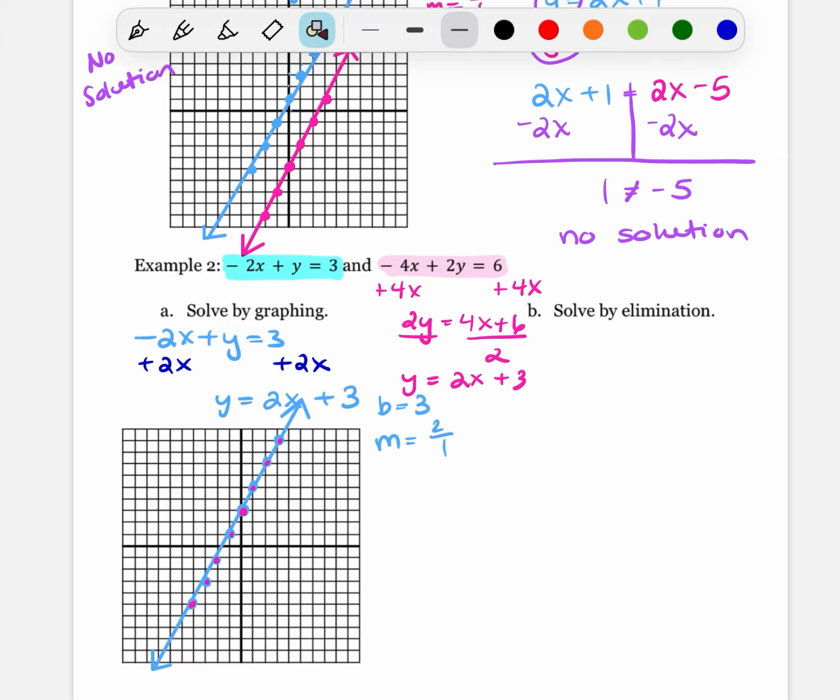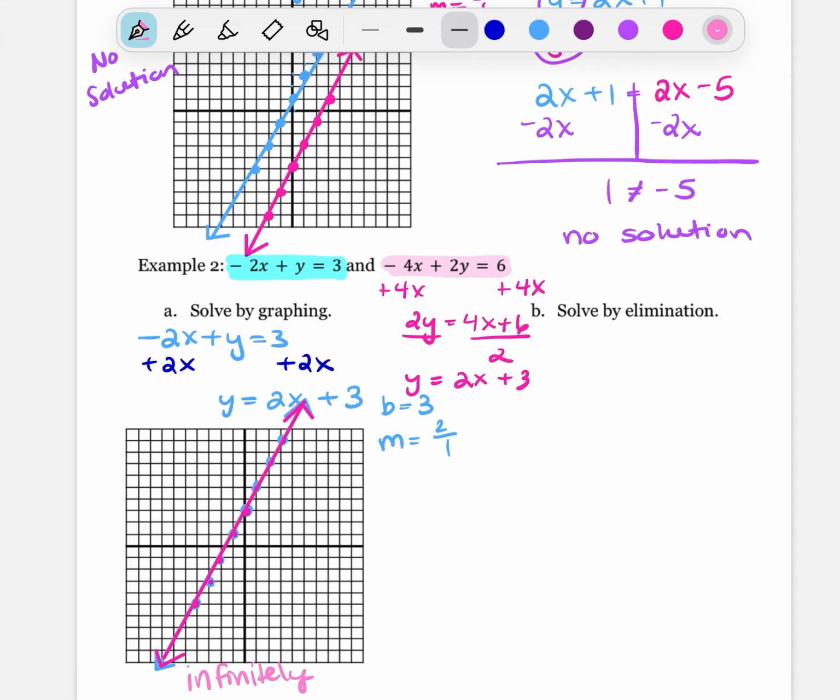And that line is going to sit right on top because they're both 2x plus 3. So even though the equations look a little bit different, negative 2x plus y is equal to 3, and negative 4x plus 2y equals 6, they're essentially the same line, so there are infinitely many solutions here because they cross infinitely many times.